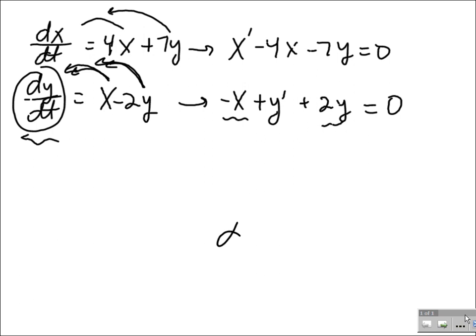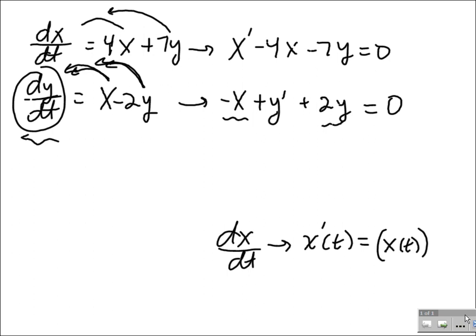Now, just to make it clear, when we have dx/dt, that means x is a function of t, and you're taking a derivative of x of t. That is, dx/dt is really x of t prime.